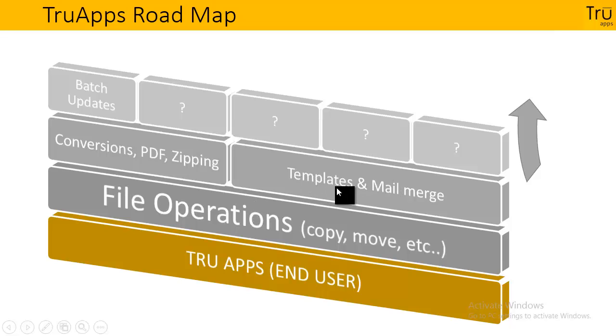And we wanted an easy way for people to find those templates that they build. Once you build a template, we didn't want it to be lost. So TruApps has a roll-up mechanism to roll up templates that your users use every day. And to roll them up, you literally have to just change the name and include the word template in the name, and it will roll them up into a template gallery, okay?